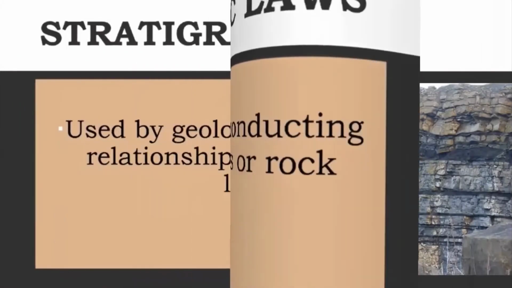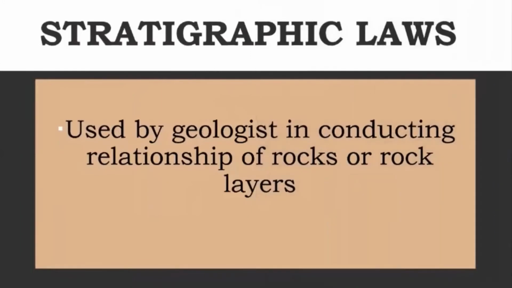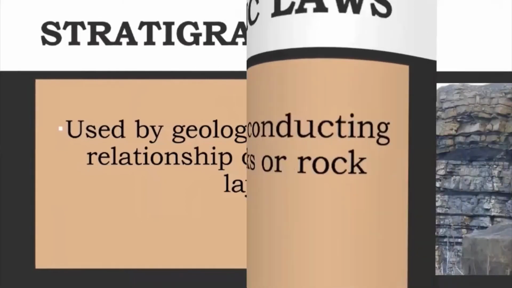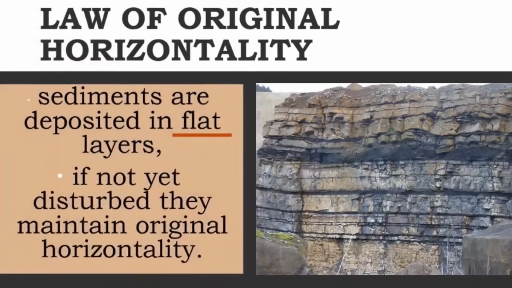These stratigraphic laws are identified into six, if I'm not mistaken, or four. The first one is the law of original horizontality. If you will notice here on the side, you have here a huge rock.